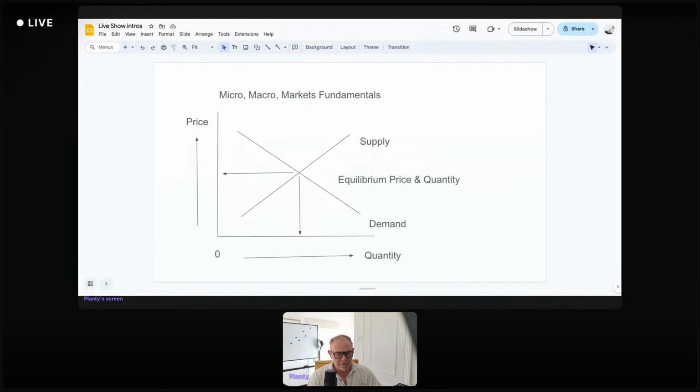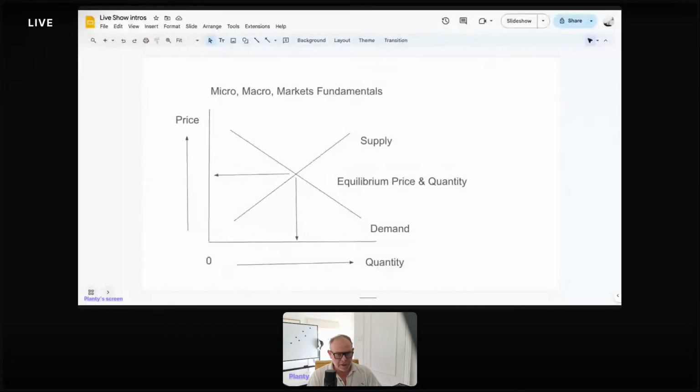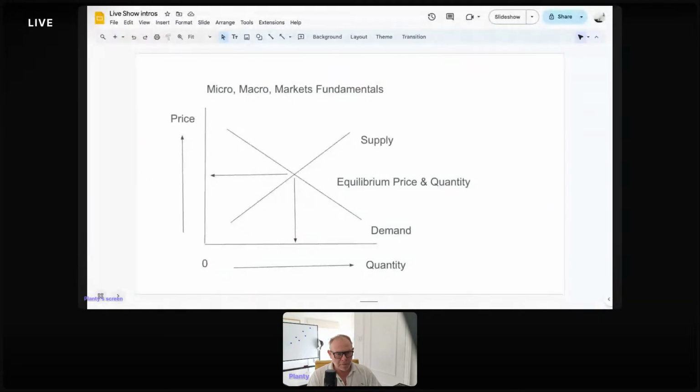Right. So just for basics, in terms of looking at a market, a stock, a price, a good, anything, it's always about supply and demand. Does everybody understand what that is? Looking at the little graph that I put up there, you've got price and quantity on the axes, and then you've got these two curves, supply and demand.